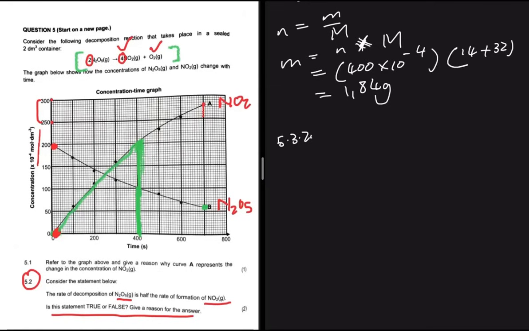We can also use the rate of decomposition of N2O5, one between the two. If we use the rate of production of NO2, we're going to find the change in the concentration divided by the change in time. So the concentration starts at 0, right?